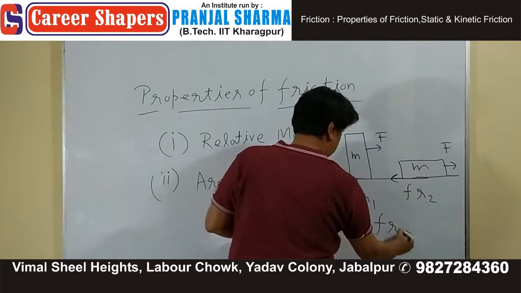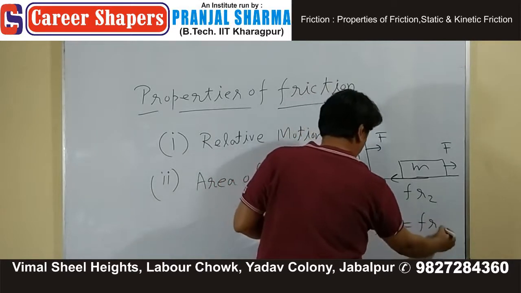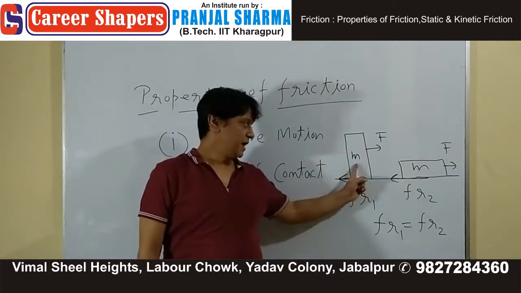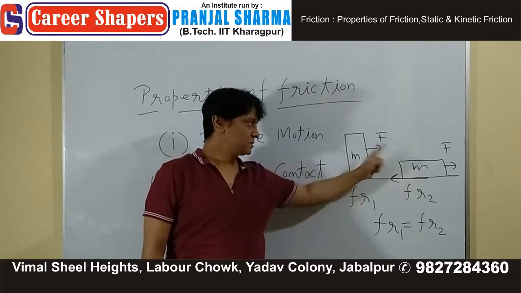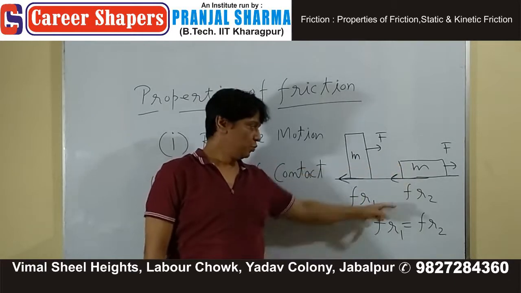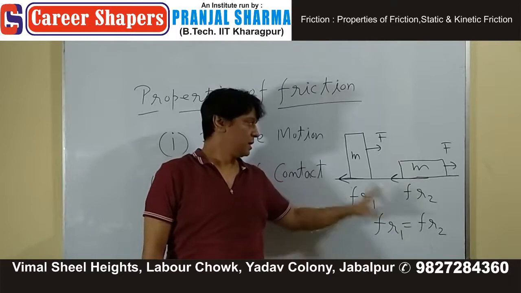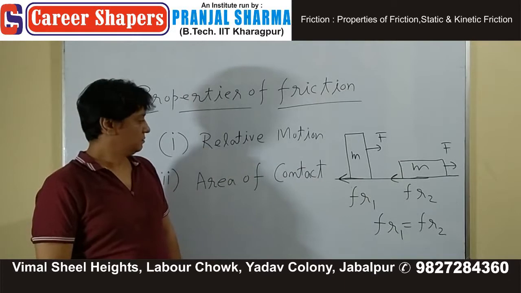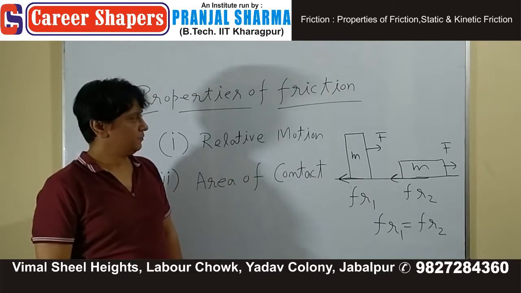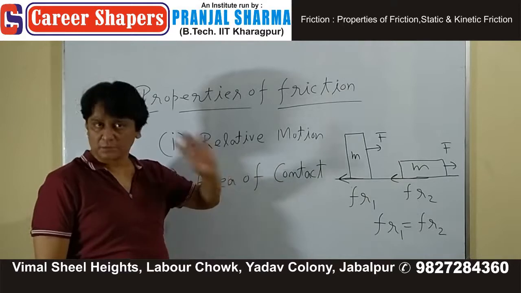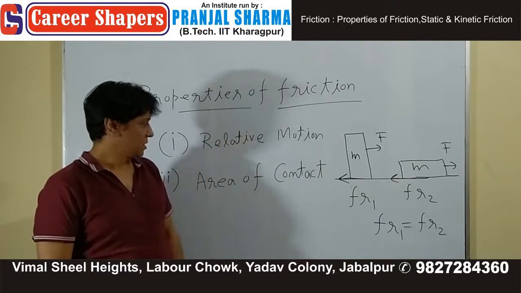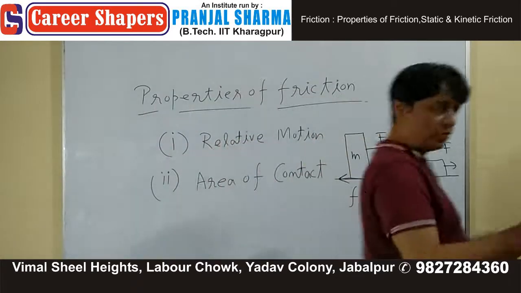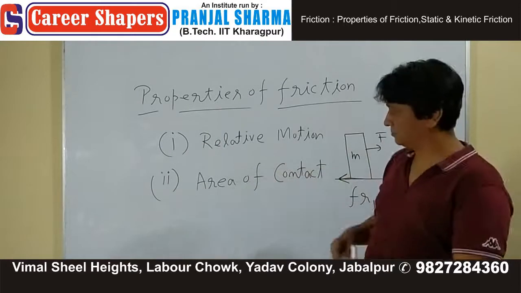Our statement says FR1 is equal to FR2. Same object under same force, you will have same friction. Friction has nothing to do with area of contact. Now why it happens, it will be clear in just a few minutes. But before that, let's complete this part.